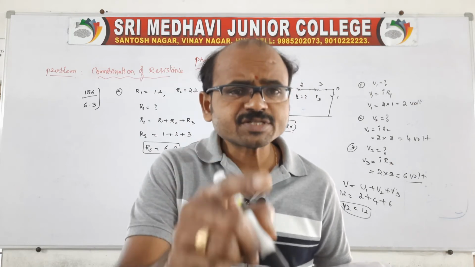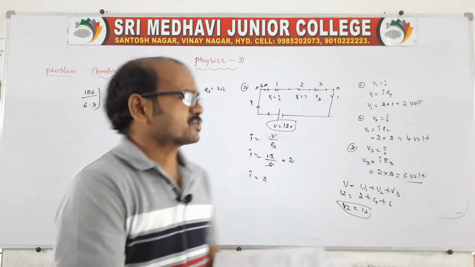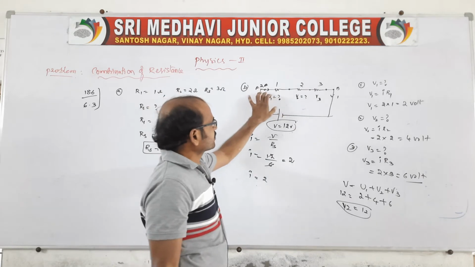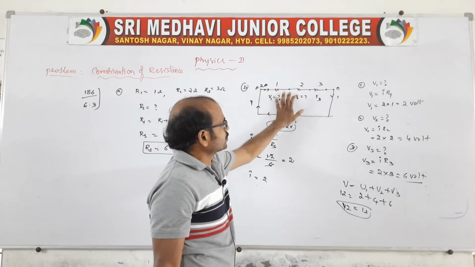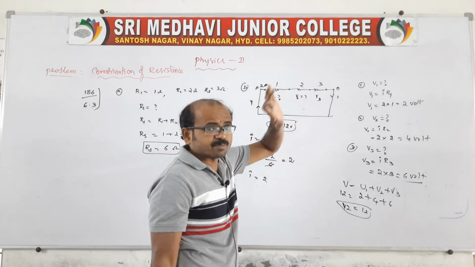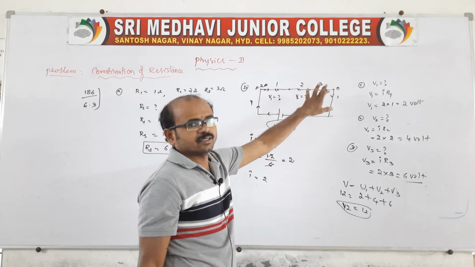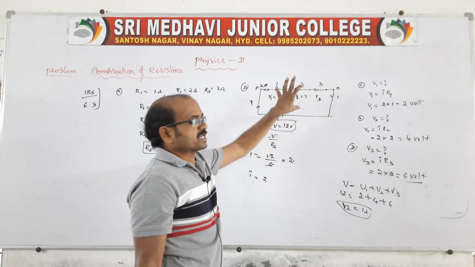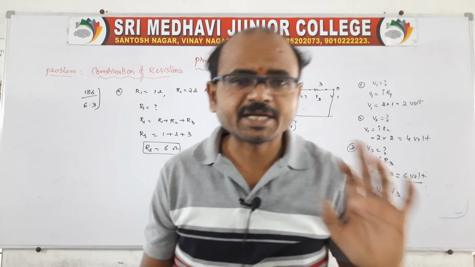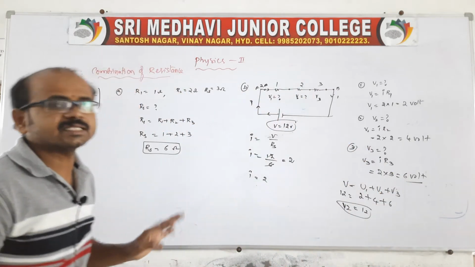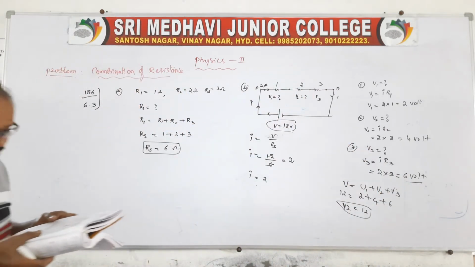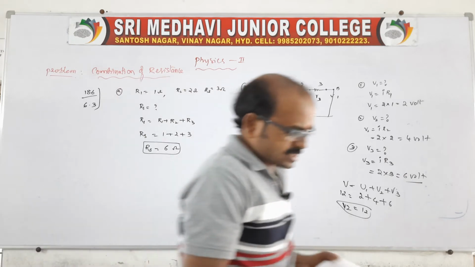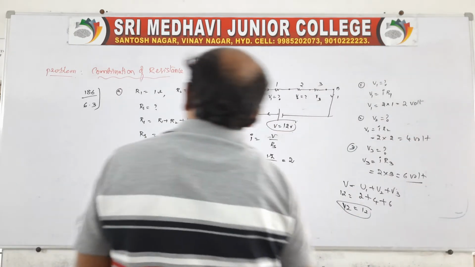But for individual resistors we need to find the potential difference between each pair of ends, because it depends only on resistance. That's why we need to find V1, V2, V3 in a series combination. This is the one question related to the series combination given in the material.